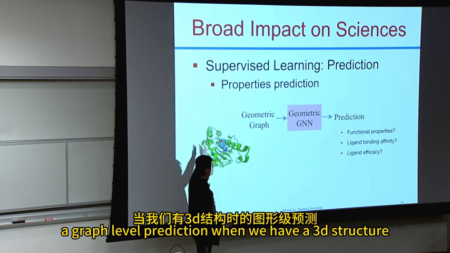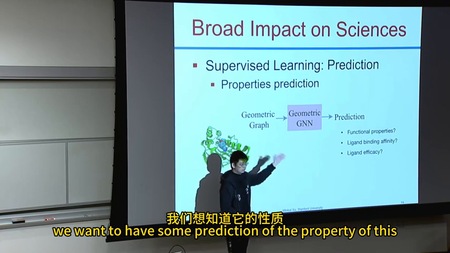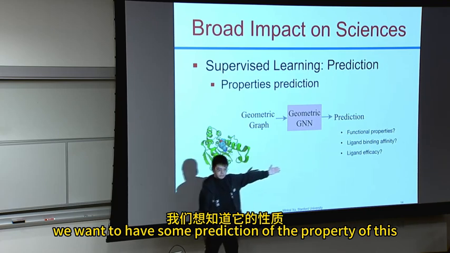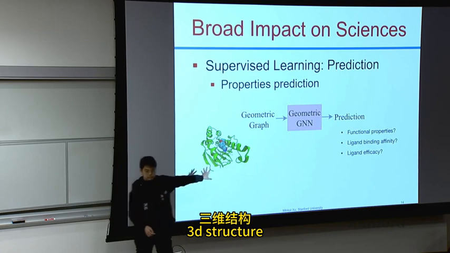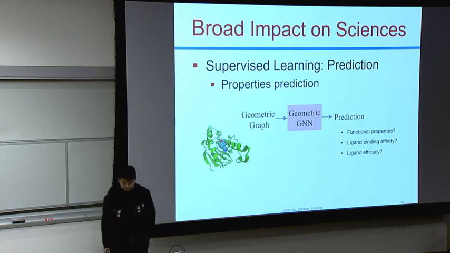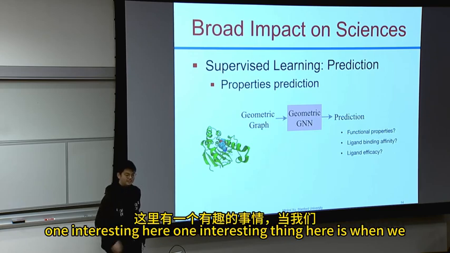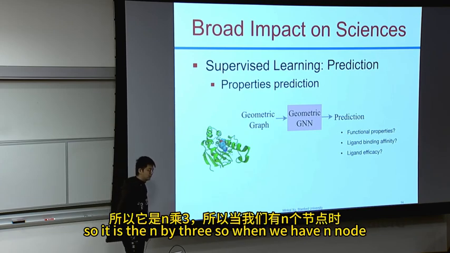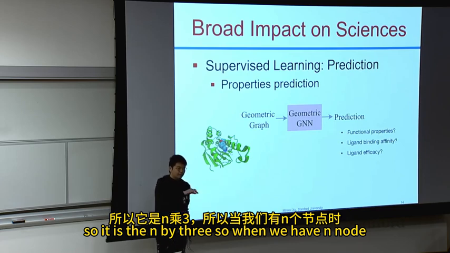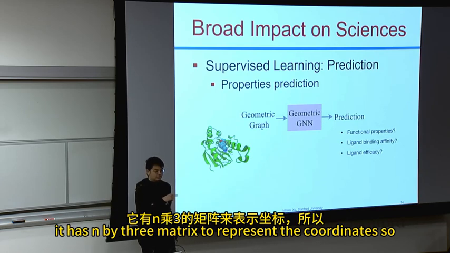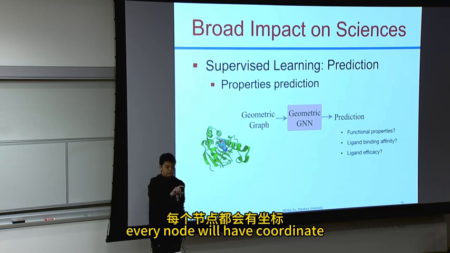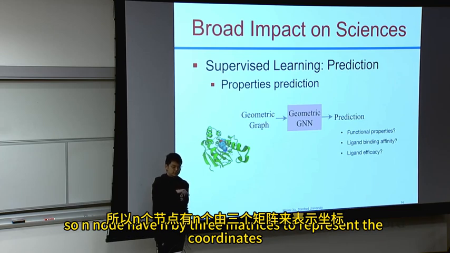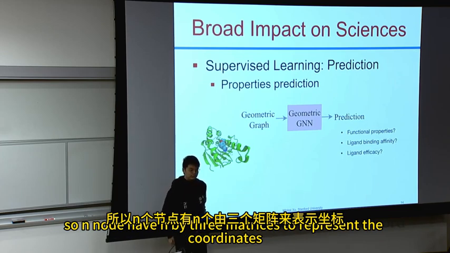When we have a 3D structure, we want to predict some property of this 3D structure. One interesting thing here is how we represent the 3D structure. It is n by 3. When we have n nodes, it is an n by 3 matrix to represent the coordinates, so every node will have a coordinate.